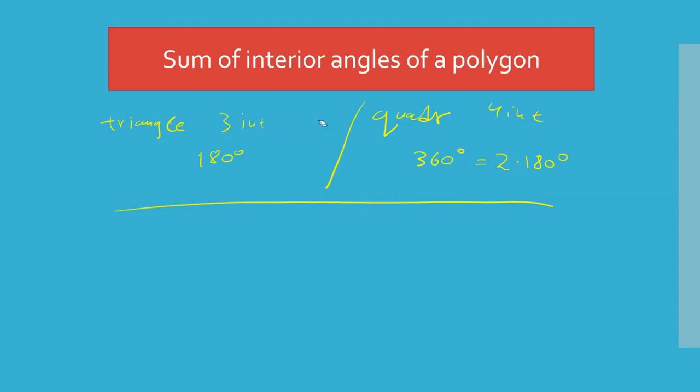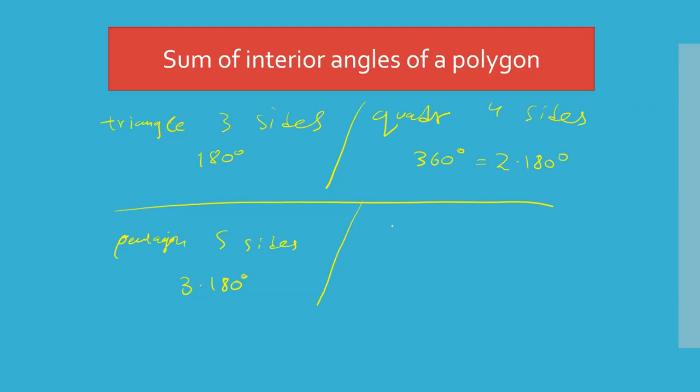The triangle had 3 sides as well, and that's what we're interested in. Then we have the pentagon, which had 5 sides, and we found that the interior angles were 3 times 180 degrees, so it's 540.